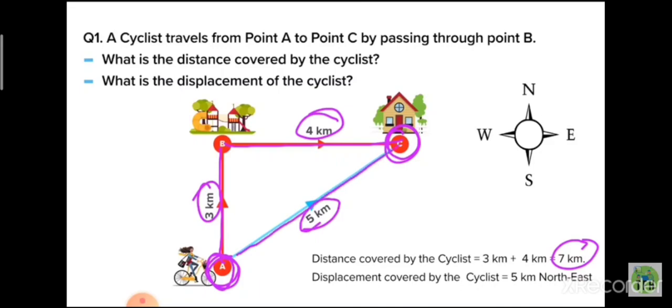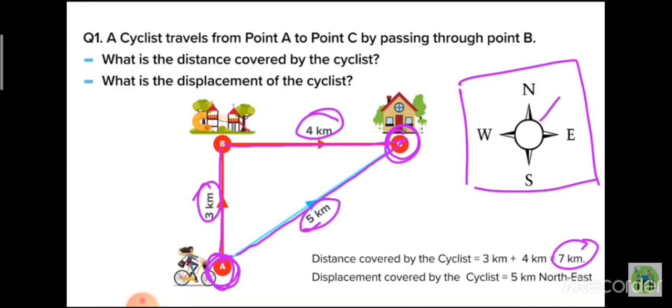You measure the distance from A to C, 5 kilometer, and check the direction. It lies between north and east. So your answer will be displacement of the cyclist is equal to 5 kilometer northeast. So this should be your answer. Try to solve it in your notebook.